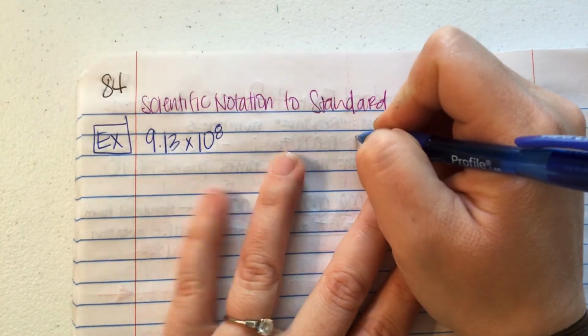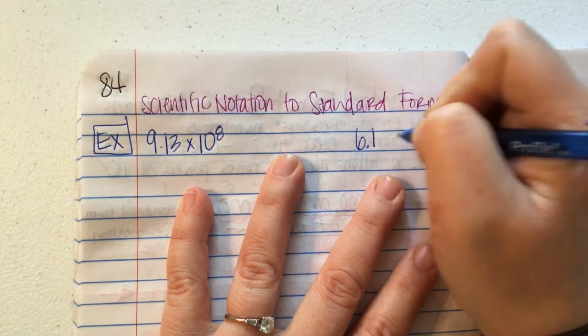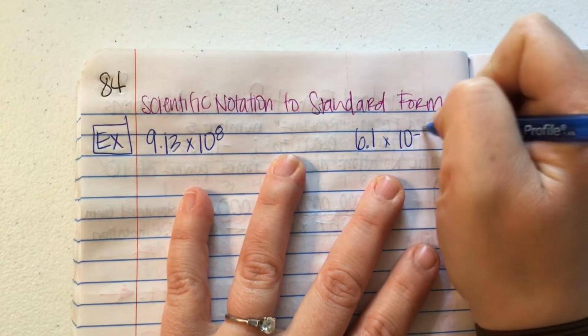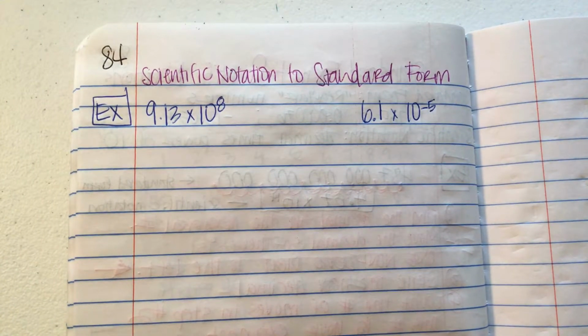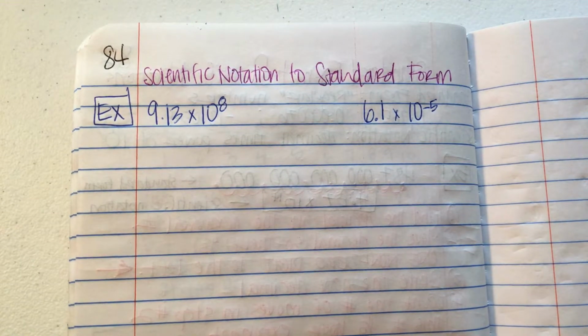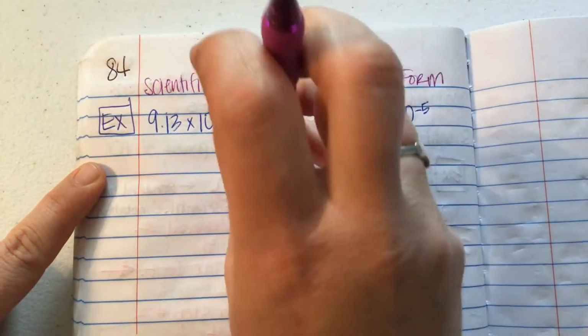Or we could have 6.1 times 10 to the negative 5th. So in order to convert these numbers into standard form, the numbers that we're used to seeing every day, you are going to follow these steps.